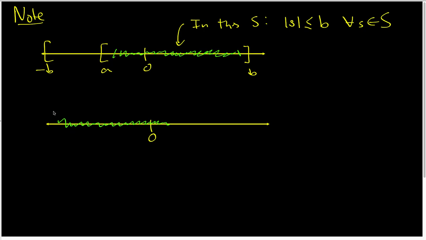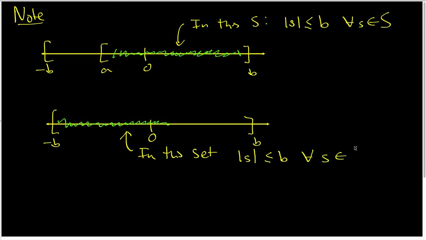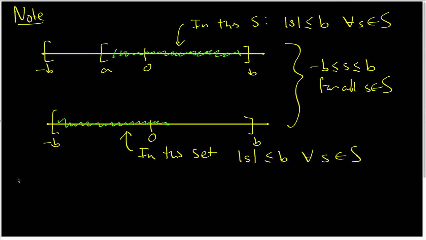Now in this particular one, I'm going to be thinking about my lower bound here being minus b, and I can look at positive b here, and in this set as well, the absolute value of little s is going to be less than or equal to b. And that's going to be true for all s inside set S. And both of these are true because minus b is less than or equal to little s, and little s is less than or equal to positive b for all s inside my bounded set. So the upshot is that we have another way of thinking about bounded sets.